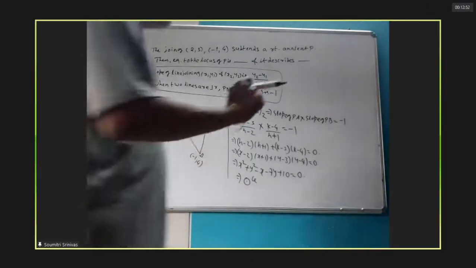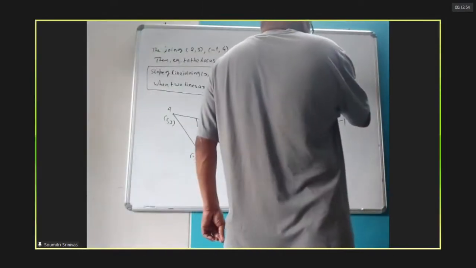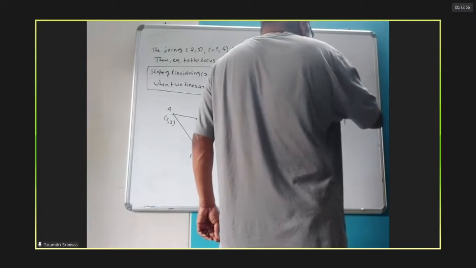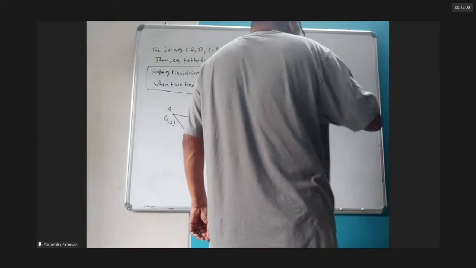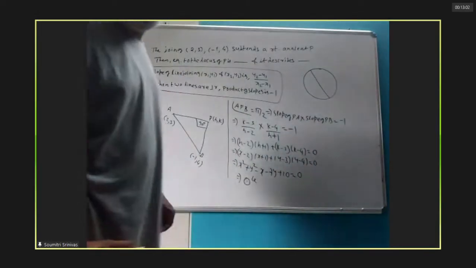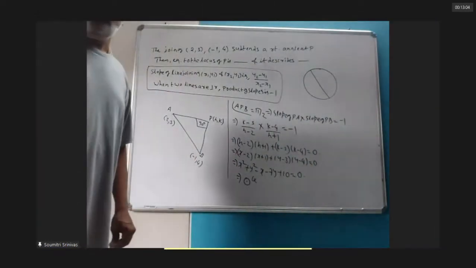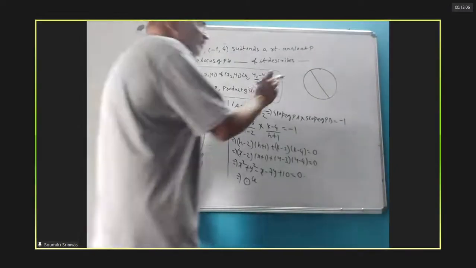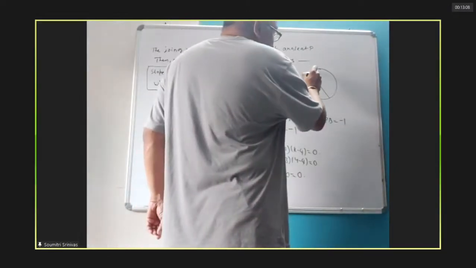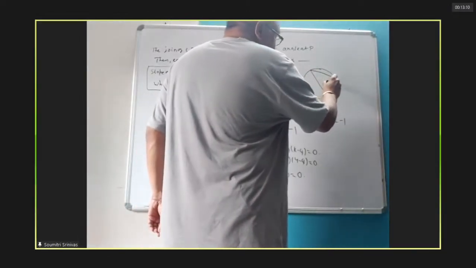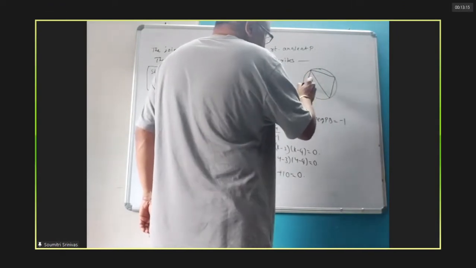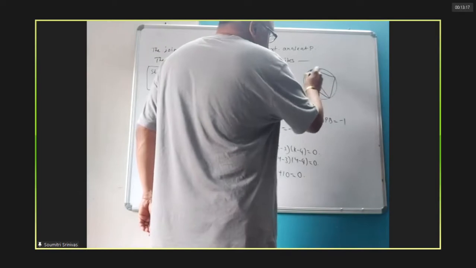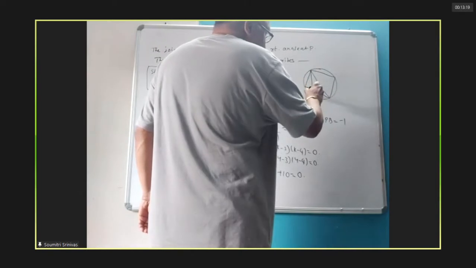Very good. Am I correct? Yes. Who gave the answer? Jasim? Yes, sir. Angle in a semicircle is a right angle. Yes, angle is 90.